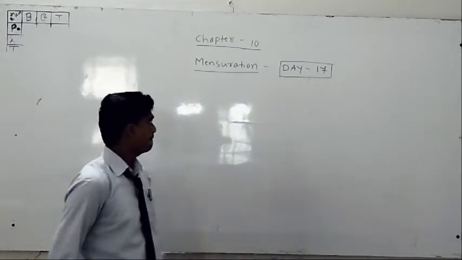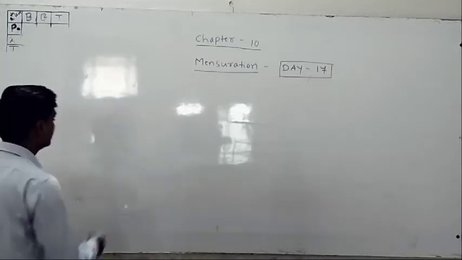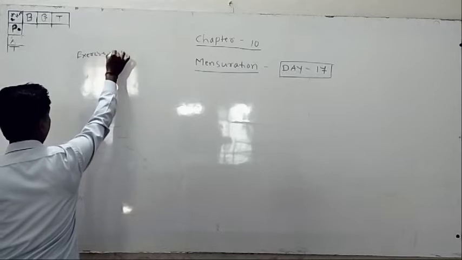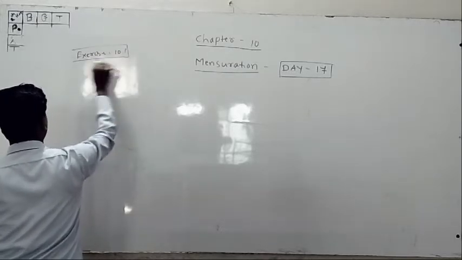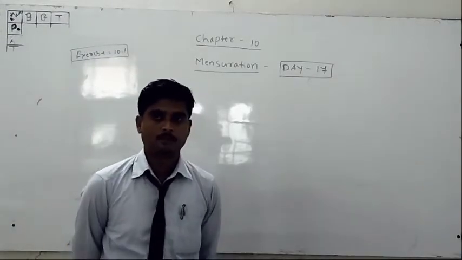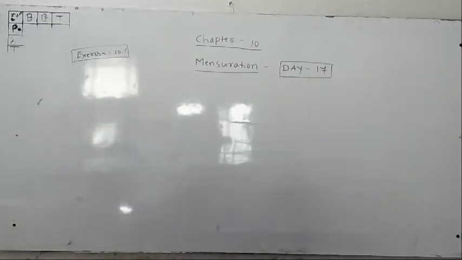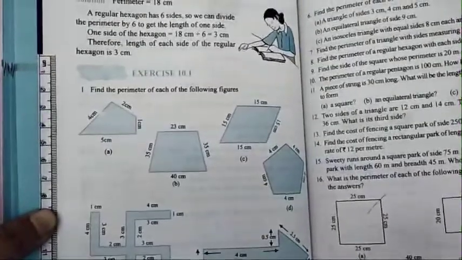Now we are going to discuss your exercise 10.1 problems. There are so many problems, but I gave them yesterday. Look here: find the perimeter of each of the following.